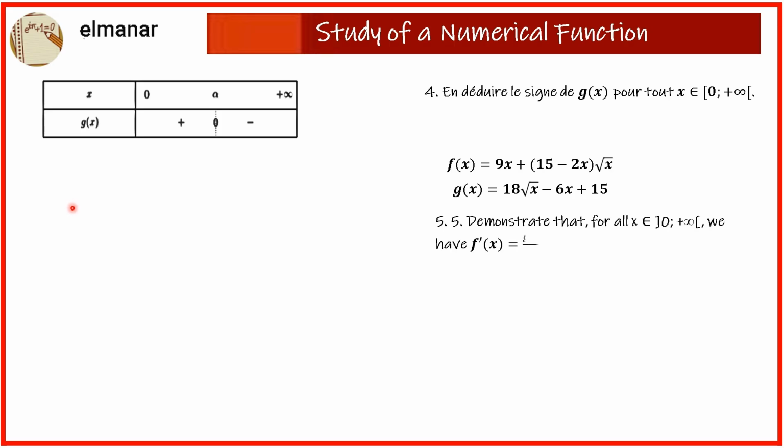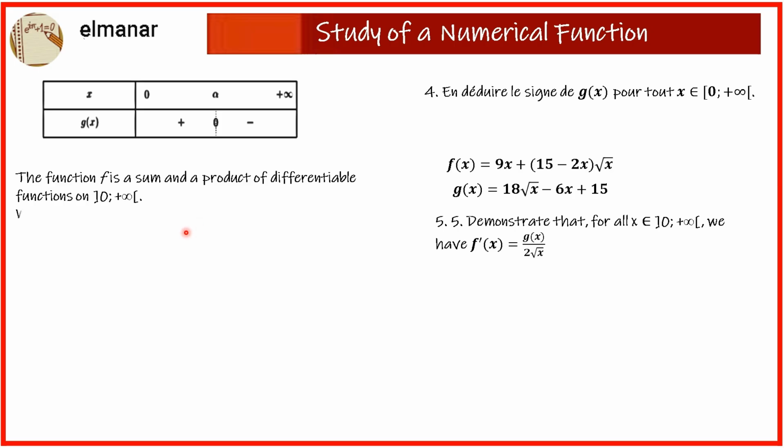Therefore, this guarantees that f is itself differentiable on that same interval. Theoretical reminder: if a function is composed of sums, products, or compositions of differentiable functions, then the function itself is also differentiable, as long as each component function is differentiable over the interval in question.